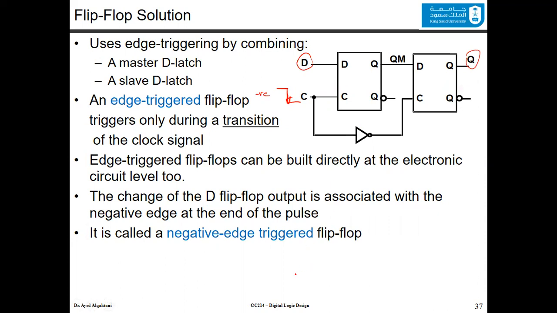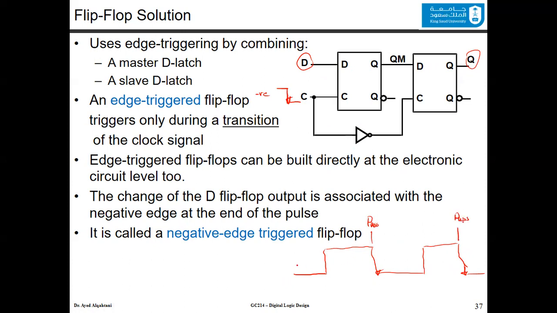In short, if we have a clock this way, the input D will be passed through the circuit and be observed in the Q. So the passing happens only in the falling edge. Here, at this specific moment, you will have a passing. Also here, you will have passing.